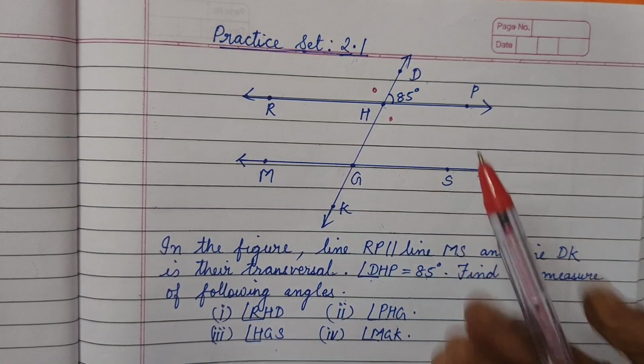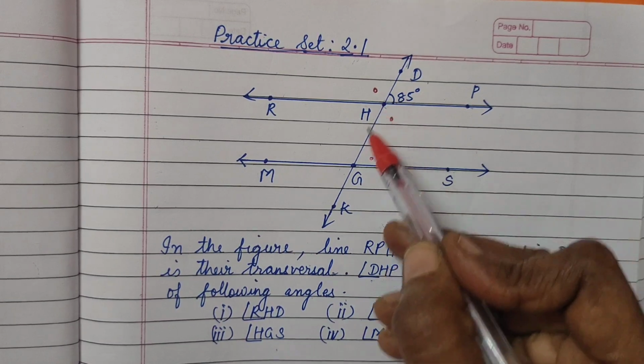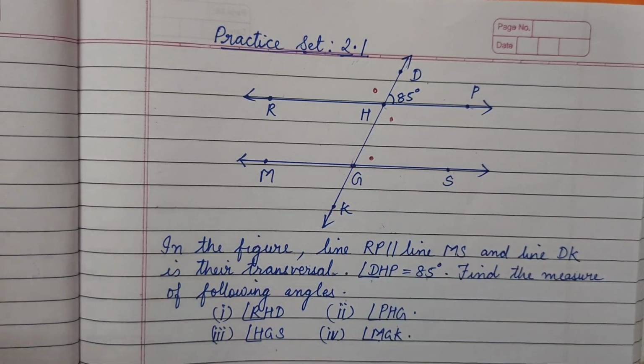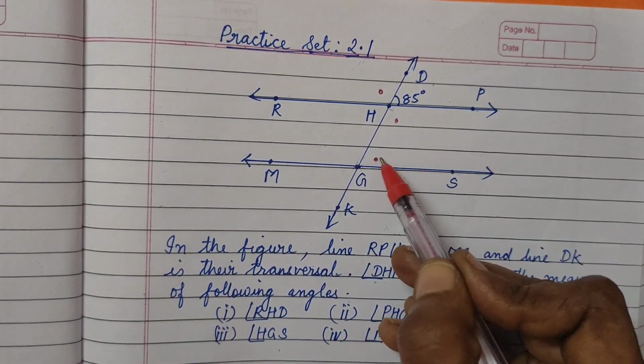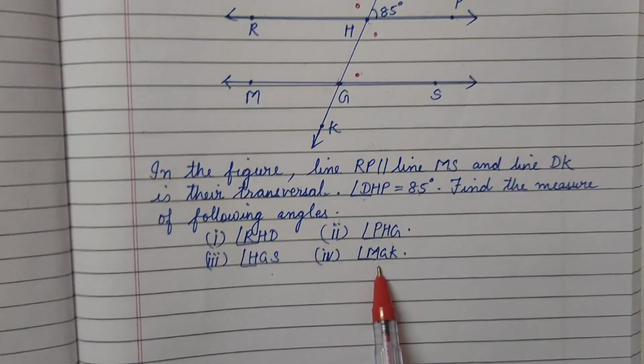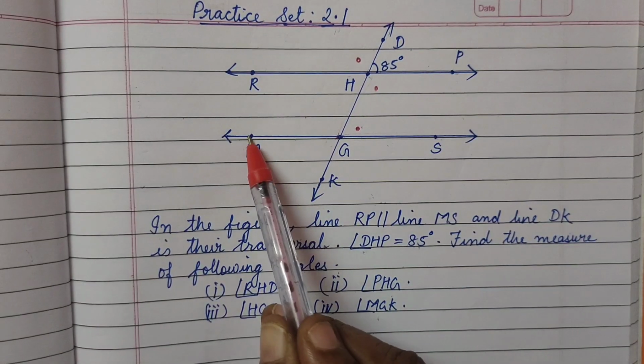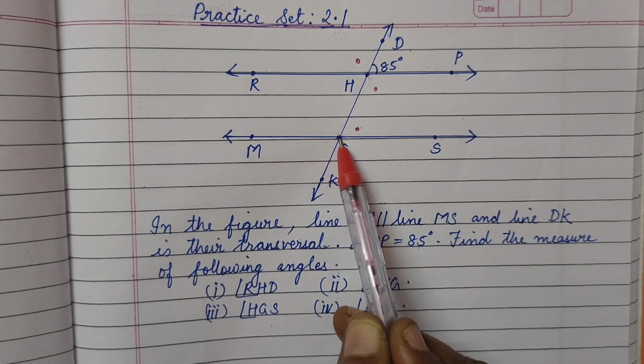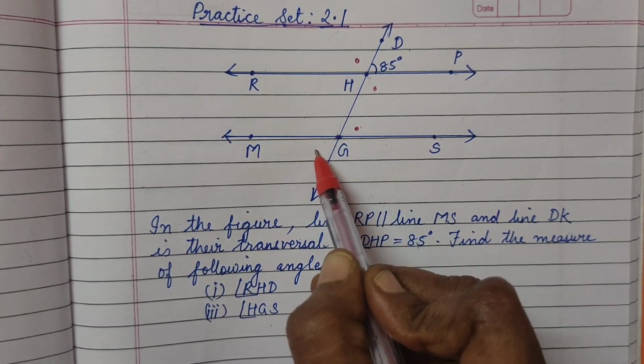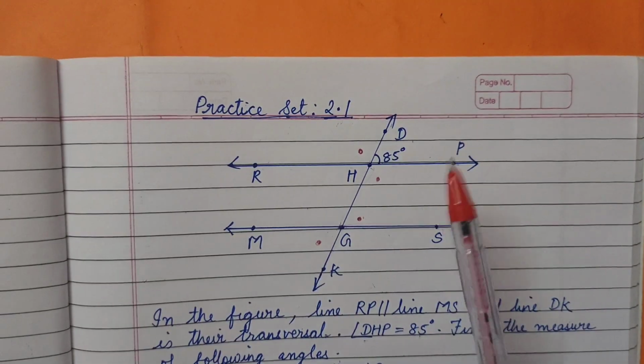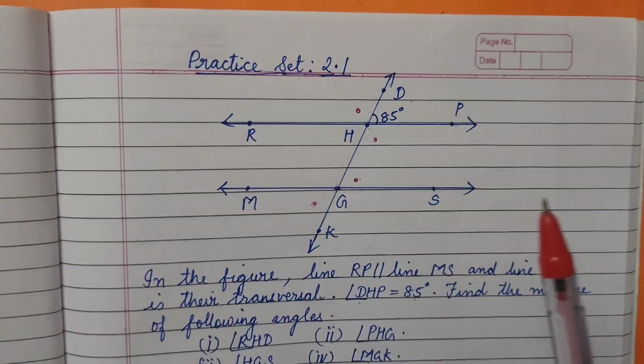S is this side, so this is also HGS. This one is covered like this. So this one also we need to find. And MGK. See where MGK is? MGK is like this, so this angle also.